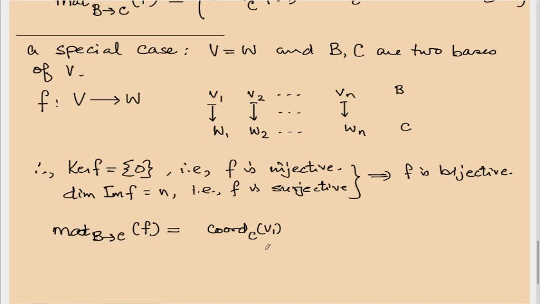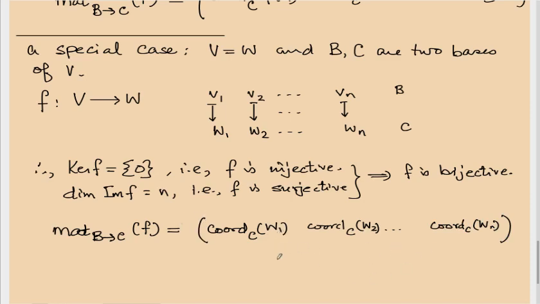Let's look into this. So F of V1 is actually W1. It's quite interesting if I look into this. And what is this?